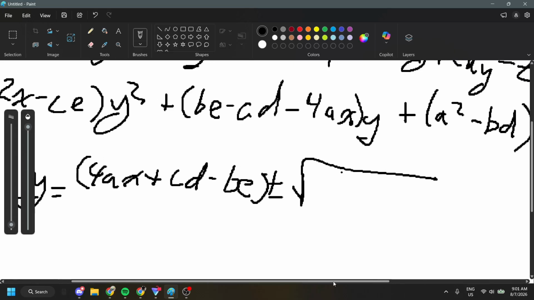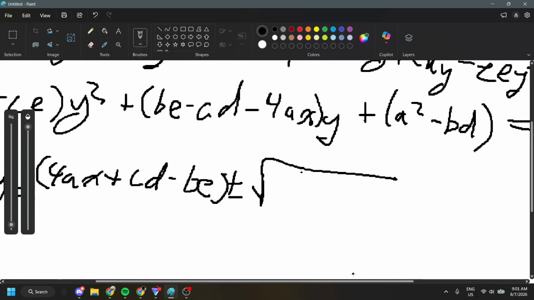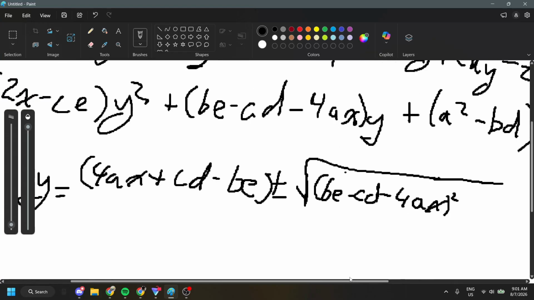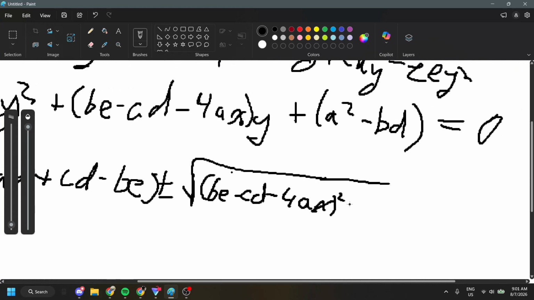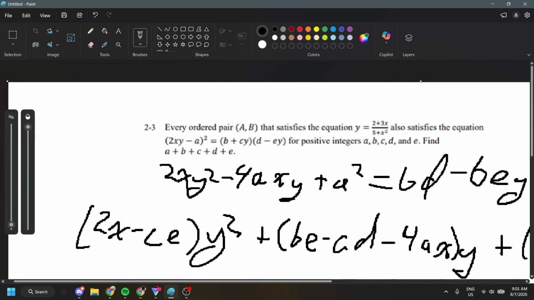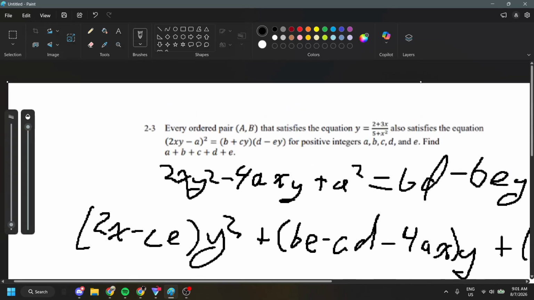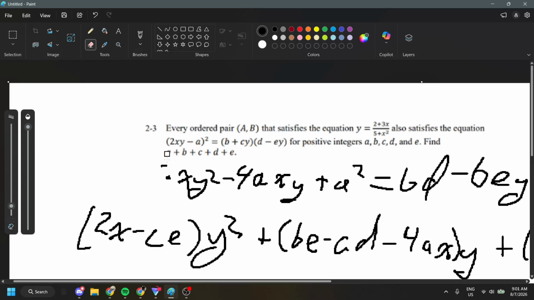So be minus cd minus 4ax squared minus 4 times... I totally did this wrong.